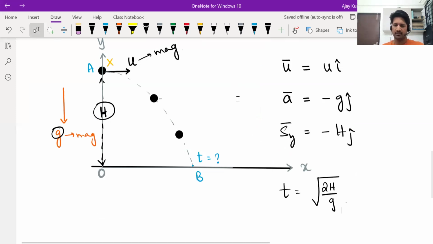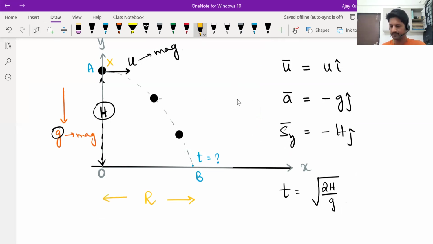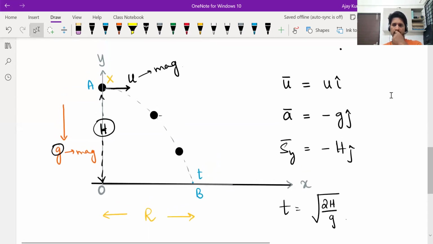Pawan, Aishwarya, or Vanilla, you tell me, how can we calculate or derive this distance? See, the range, the distance that we now want to find, O to B, is basically the horizontal component of displacement.